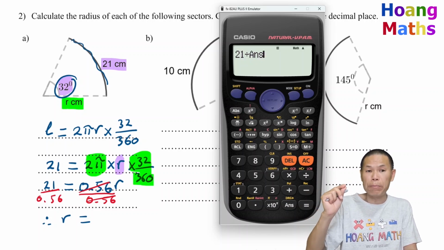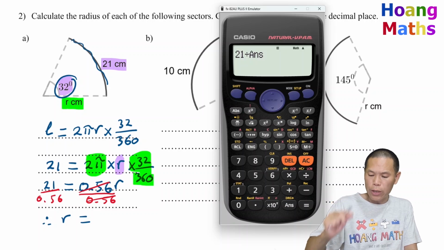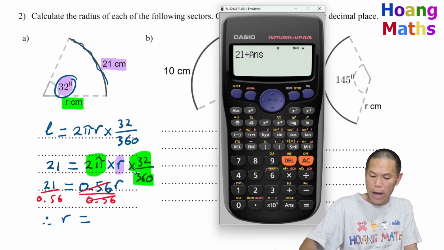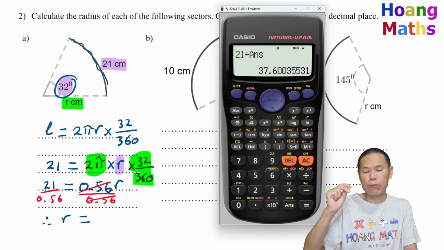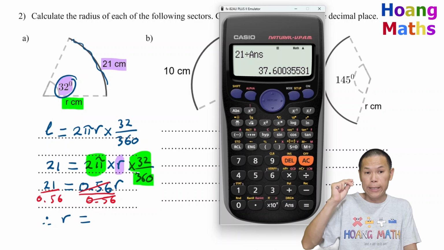Remember the whole number. So now we just put on a calculator, dividing by answer, so that will give me a more accurate result. So that is 37.60 and so on. So 37.6.